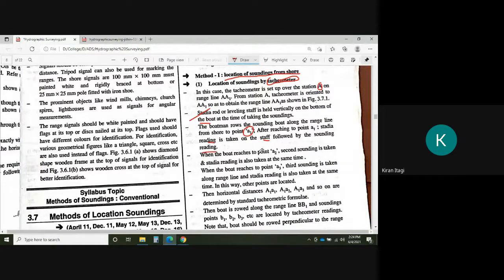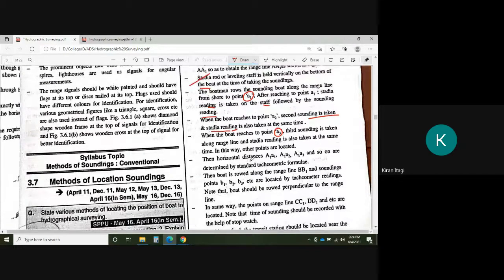When the boat reaches the point A2, the second sounding is taken and the stadia reading is also recorded. When the boat reaches A3, the procedure goes on continuing. The horizontal distances A1, A2, A3 and so on are determined by the standard tachymetric formula.